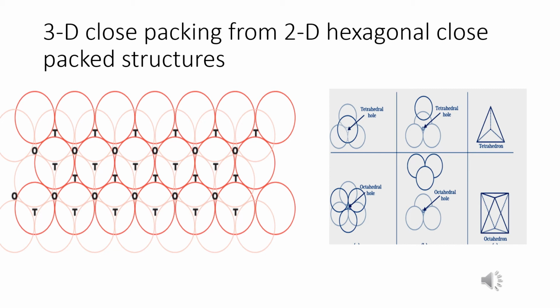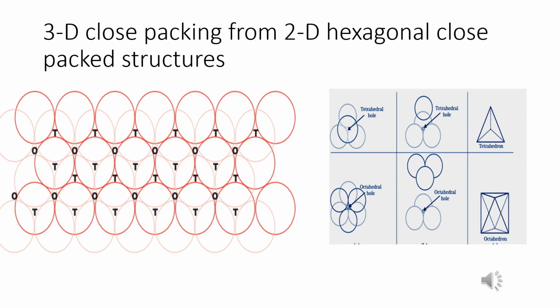Since the spheres of the two layers are aligned differently, wherever the sphere of the second layer is above the void of the first layer, the void looks like a tetrahedron. So this void is known as a tetrahedral void. When the centers of these four spheres are joined, we mark it as T.